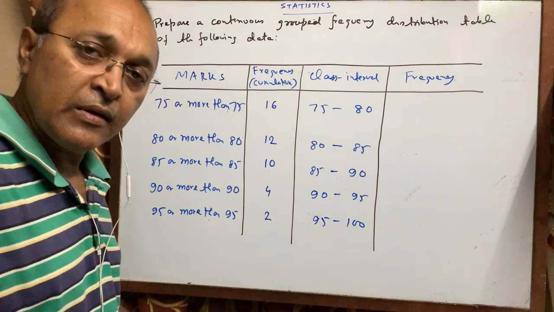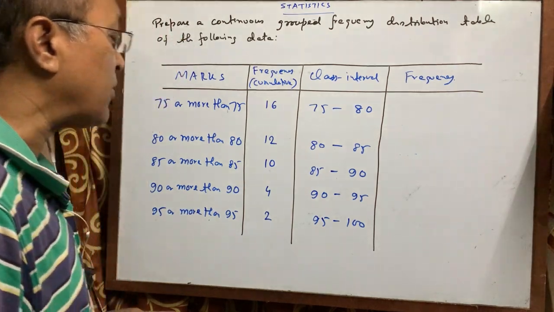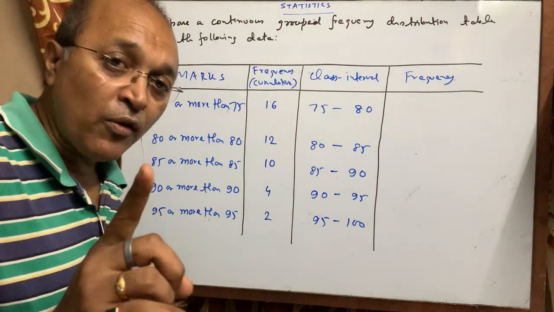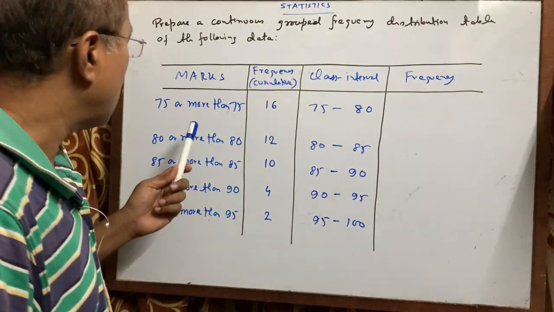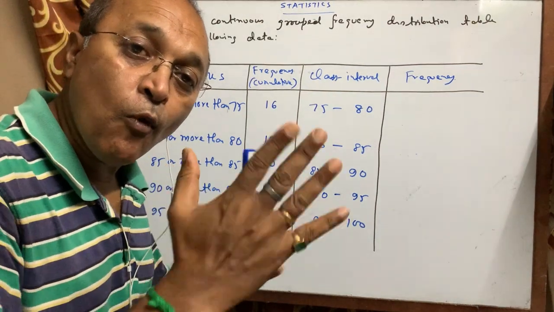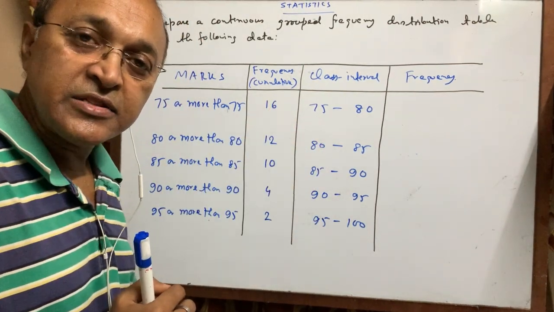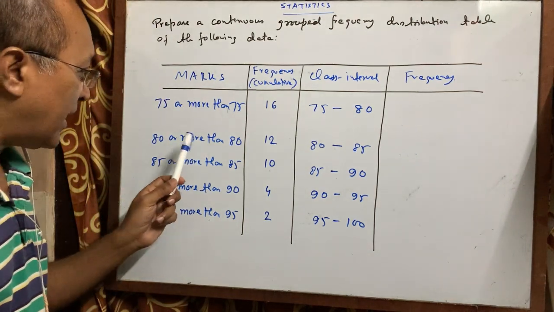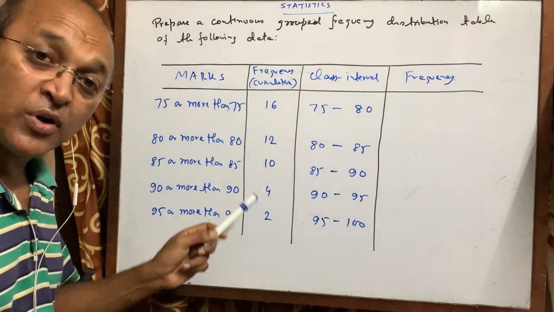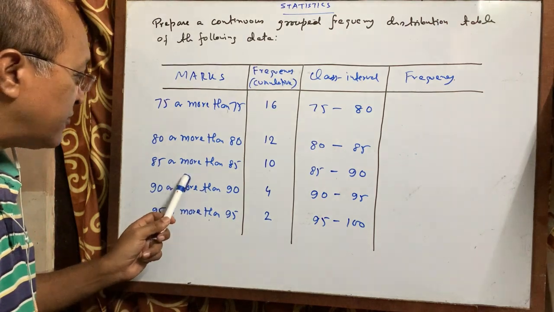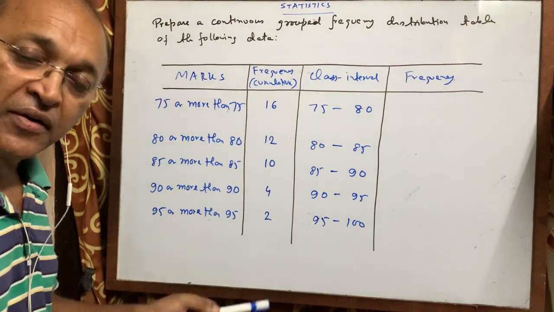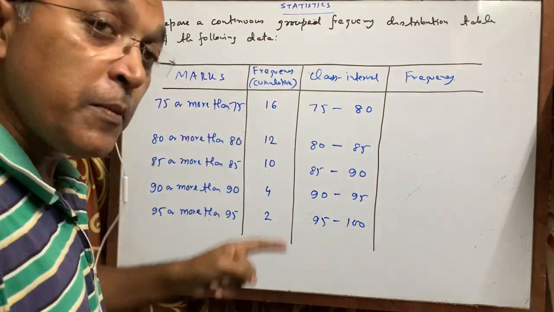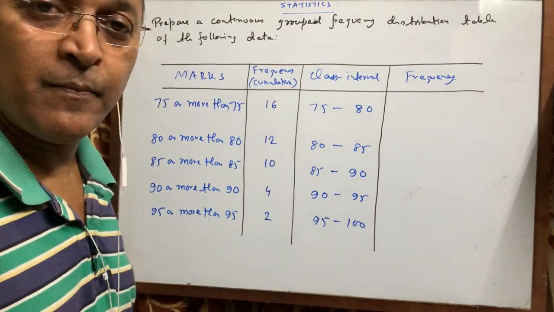Okay, now we have to find the frequencies. Follow it carefully. 75 or more, this could be up to 100 here. Similarly, 80 or more, this could be up to 100. 85 or more, this could be up to 100.